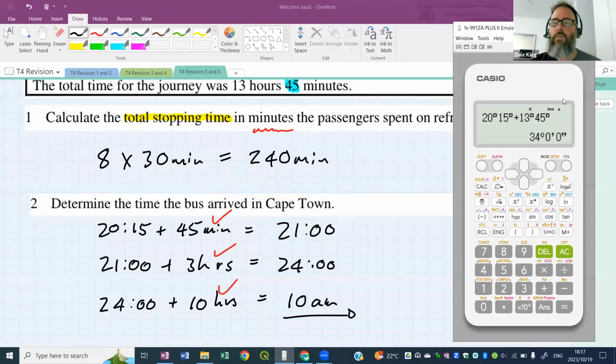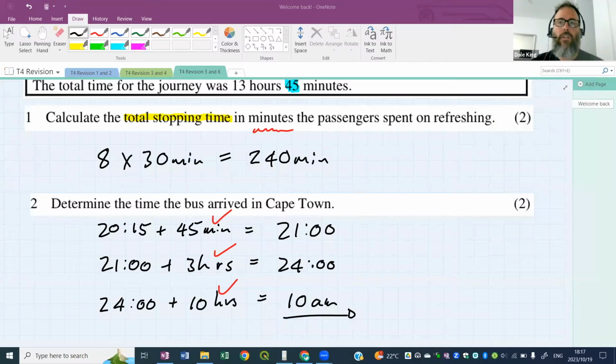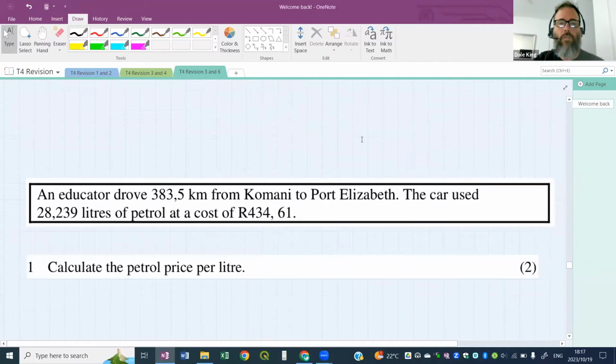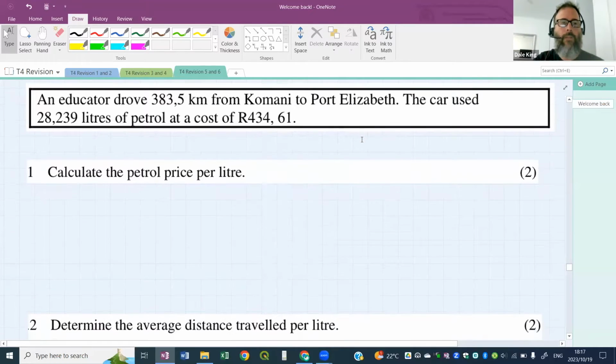So be careful using the calculator. You'd have to know that there's 24 hours. So you have to take 24 out and then start again, and you've got 10 left. All right, are we all good with that? I hope we're good. We're going to move on. We've got lots of questions tonight, so we're going to move on a bit. If at any point, guys, you want me to go back, please shout, but we're going to move on to the next question.